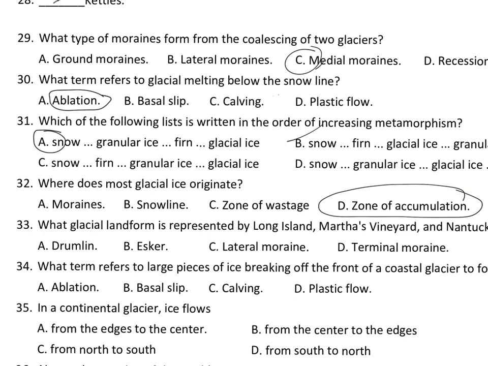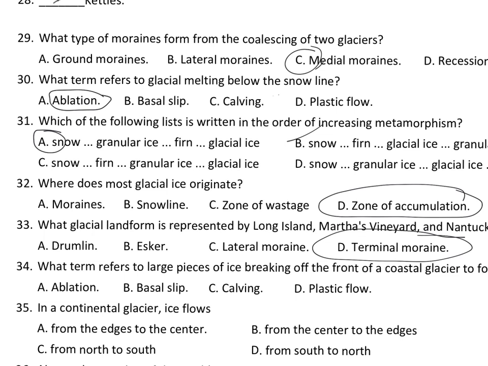What glacial landform is represented by Long Island, Martha's Vineyard, Nantucket? Long Island are two terminal moraines. Remember, the Wisconsin ice sheet came down, retreated, and then came down a second time.